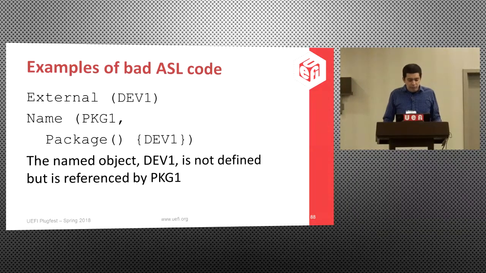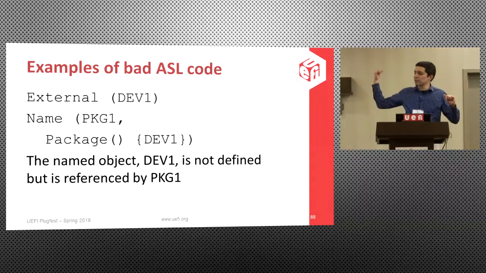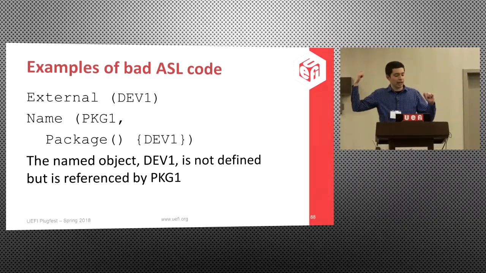The next example is a little bit more tricky. In this context, we'll assume that there are multiple ACPI tables, executable codes. The external declaration allows the ASL programmer to say, device 1, dev1, is declared in a separate table than the one we have declared right now.